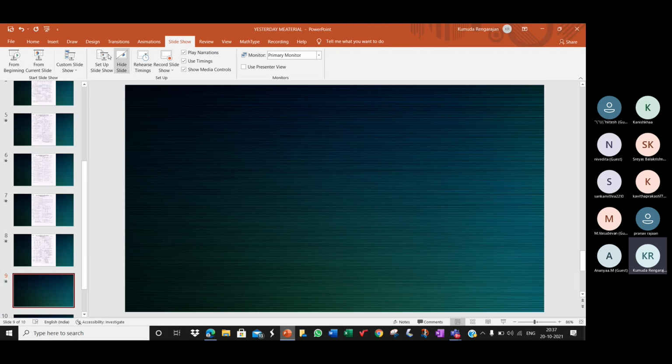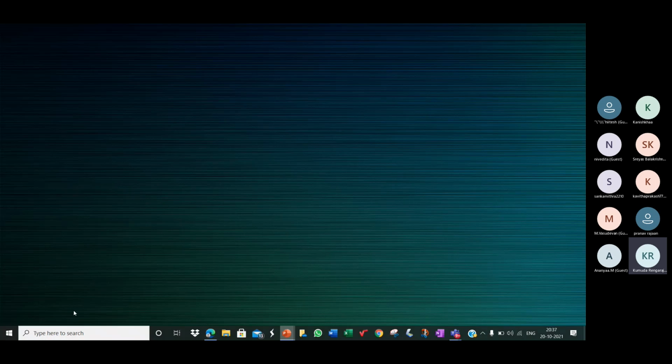So it's given that AB is a line segment.